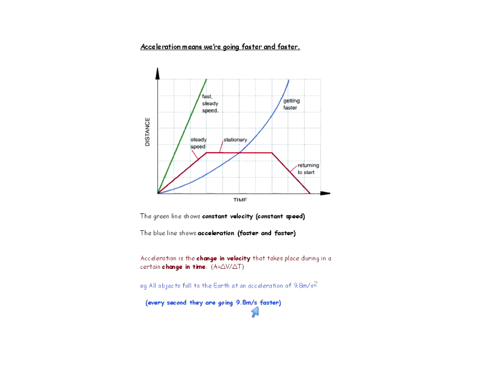What that really means is every second they go 9.8 meters per second faster. So if in 1 second they were going 9.8 meters per second, in the next second they're going 19.6 meters per second. And then in the next second you add another 9.8 faster. So they're going faster and faster every second. That's acceleration. And the formula for acceleration is change in velocity divided by change in time.